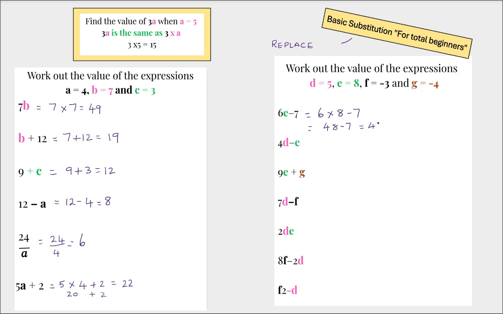How easy was that? Next one equals 4 times what's d? 5. Minus a, which is 8. So 4 times 5 is 20. 20 minus 8. And the answer is 12.